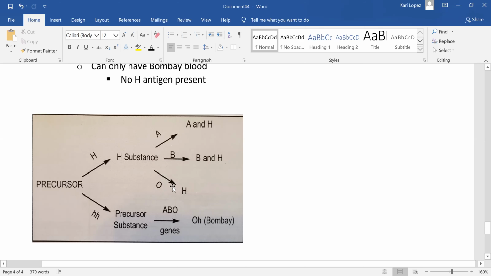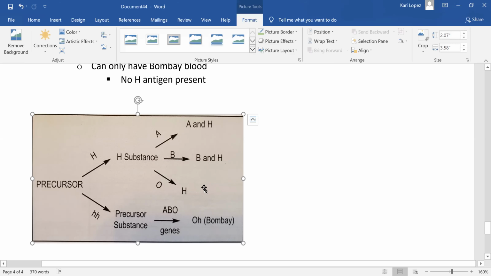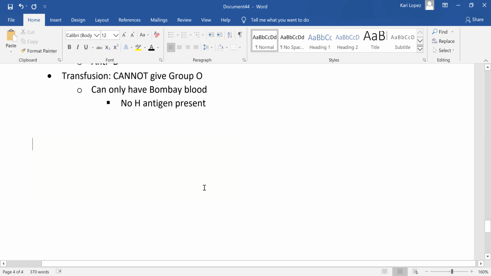So if you give a Bombay patient group O, they still have this H antigen that they do not have. It'd be the same as giving someone AB blood or A blood or B blood. You can't give them blood with antigens that they don't have.